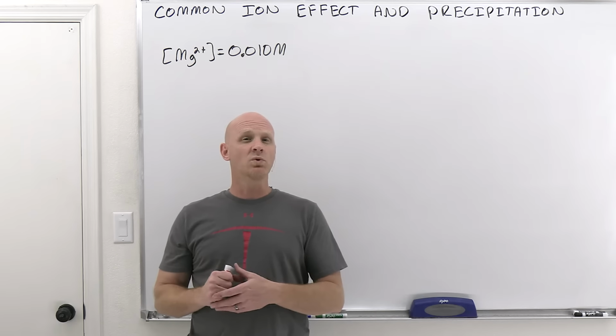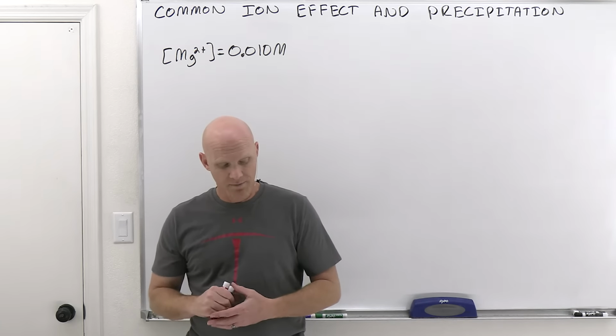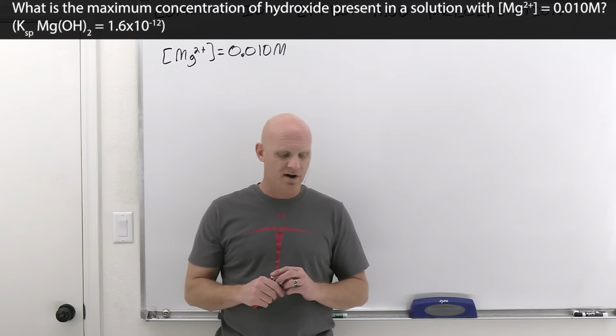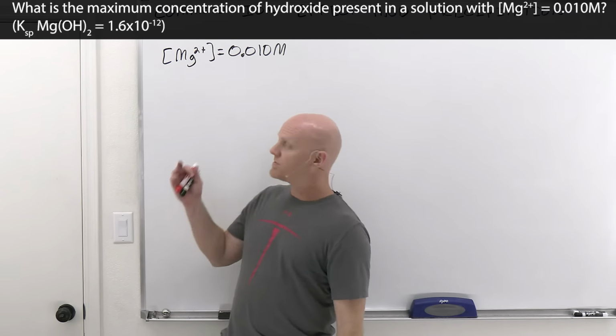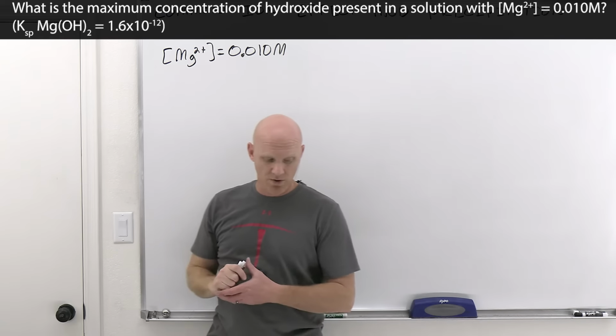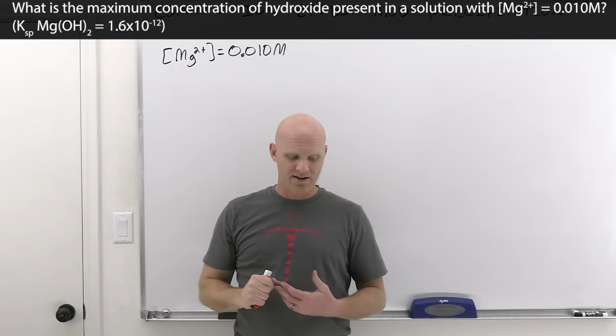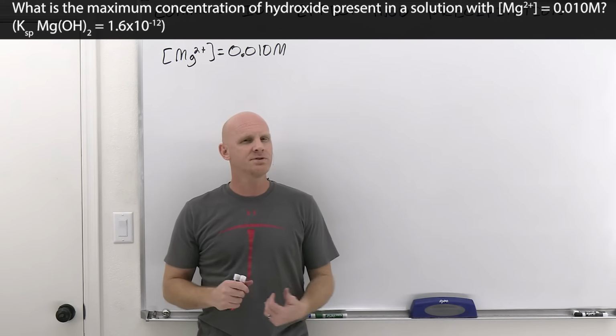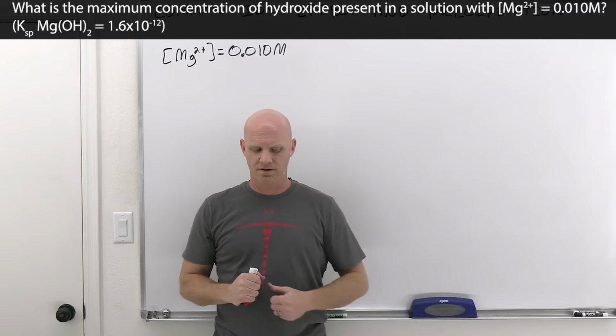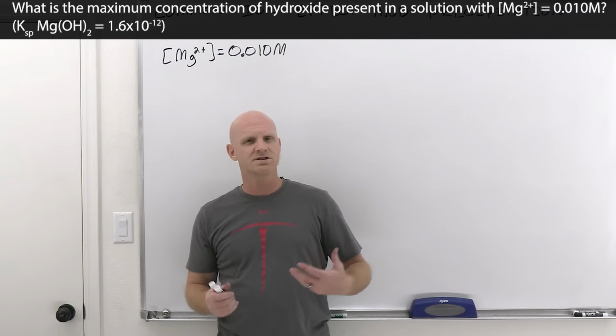Cool, let's talk about this a little more in the context of a problem. The problem says, what is the maximum concentration of hydroxide present in a solution with Mg2+ equaling 0.01 molar? And then it gives the Ksp of magnesium hydroxide as 1.6 times 10 to the negative 12. And this could be a little bit confusing for students. They're like, why did they give me the Ksp of magnesium hydroxide? What's going on here?